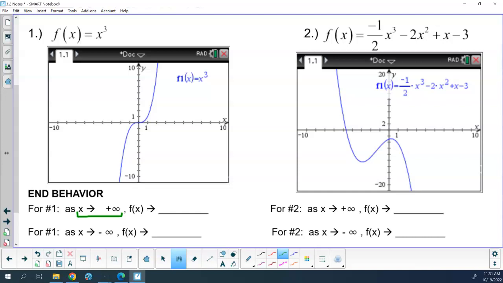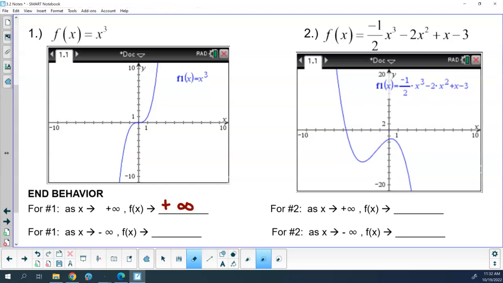In this particular case, we're always going to assume that we see all of the twists and the curves and there's no other things going on. So we're going to assume that this is going to continue to head straight up, so this function would be headed towards positive infinity. Now, as written here, that's how I need it written if you have to produce it.